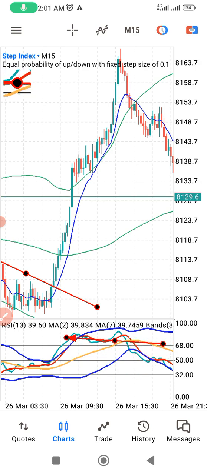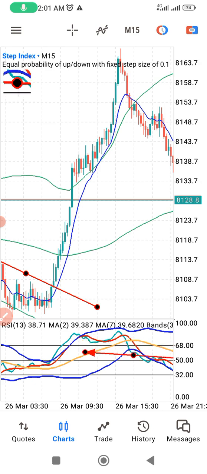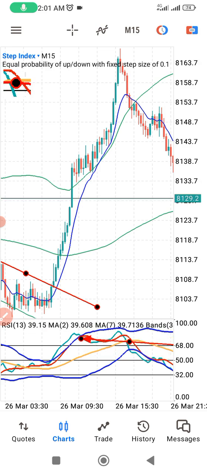So anytime the green price line crosses the red signal line, it is an entry point for us, either for a buy or for a sell, as the case may be, depending on your analysis.